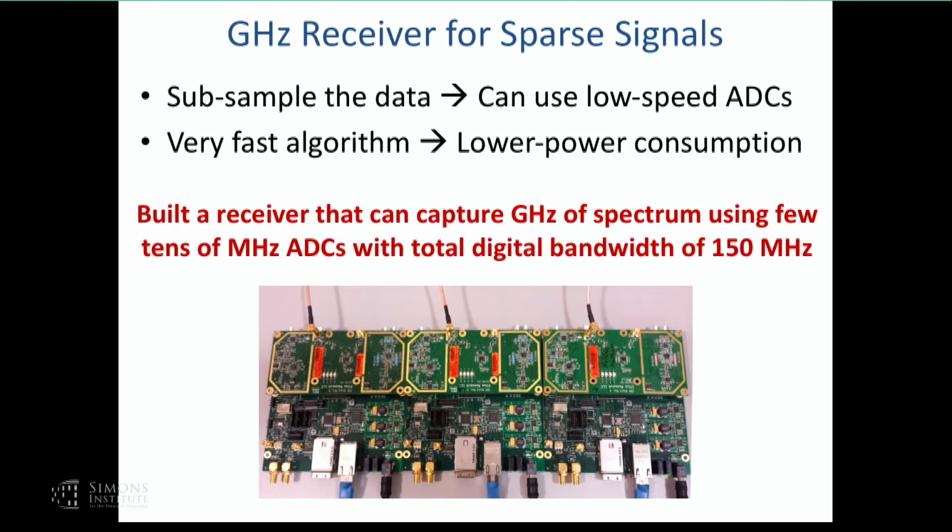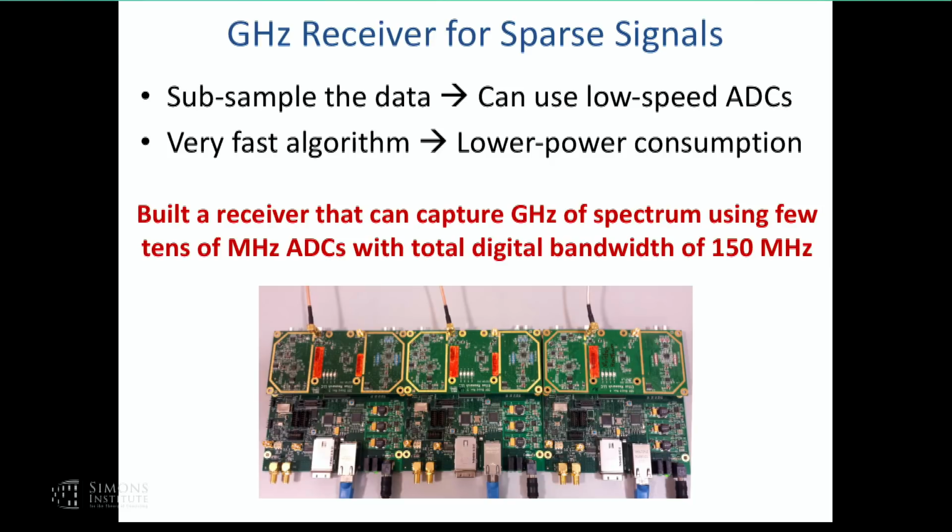We went ahead and used software-defined radios to build a receiver that can capture almost a gigahertz of spectrum in real time, using a bunch of low-speed ADCs with an accumulated digital bandwidth of 150 megahertz, so 6 times less. What we've shown is that up to roughly 5% occupancy, it works really well. I'm not going to go into the empirical results, so we can move on, but they're in the paper.